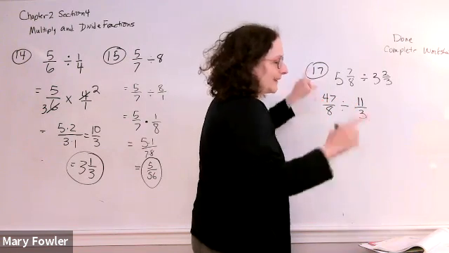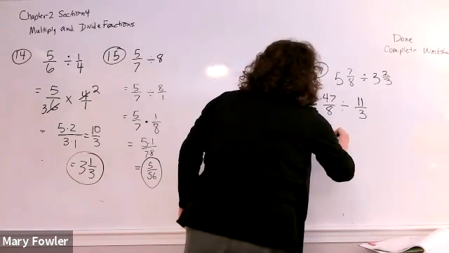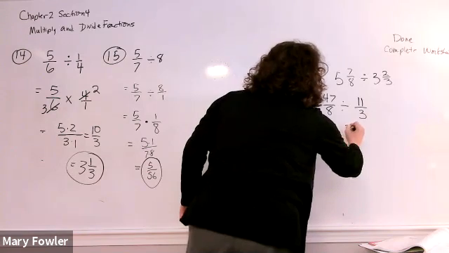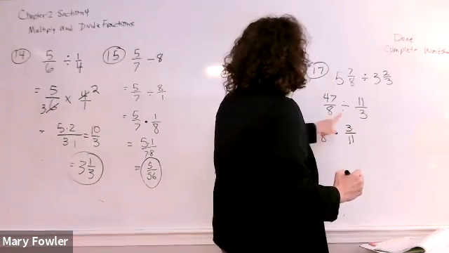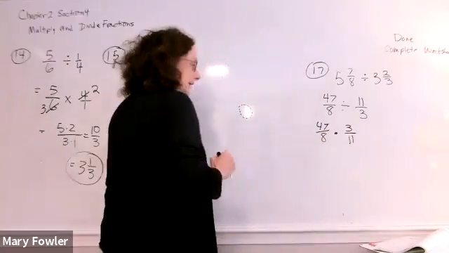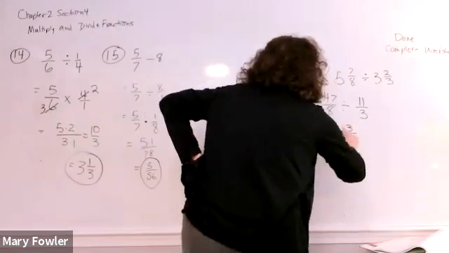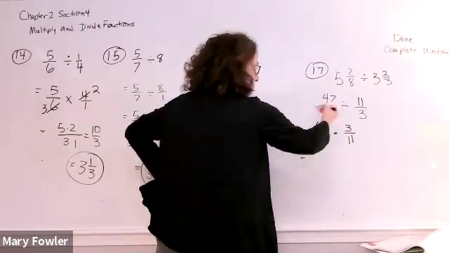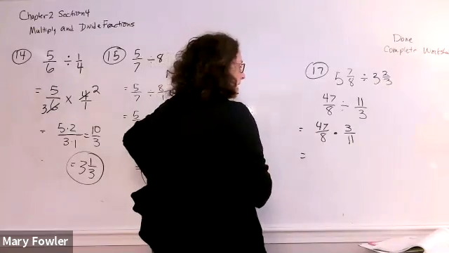Oops, I guess I have a mistake. Before I check for common factors, I better flip my fraction. So we're at 47 over 8 times 3 over 11. Okay, I think I'm getting it now. All right, and now there are no common factors, same argument that I just went through.